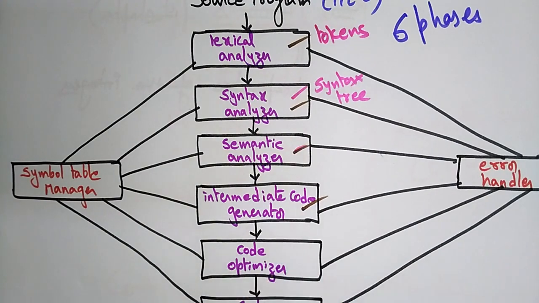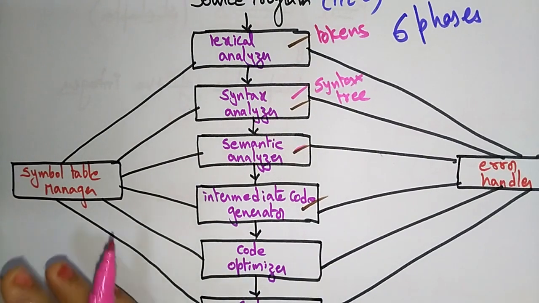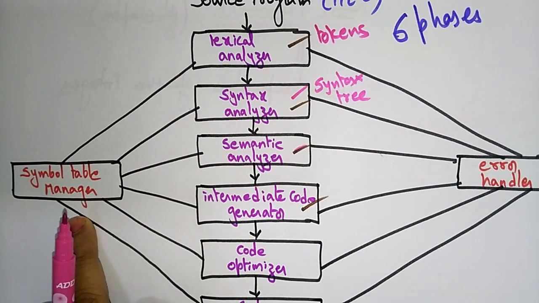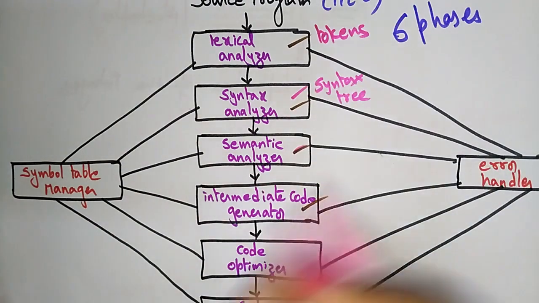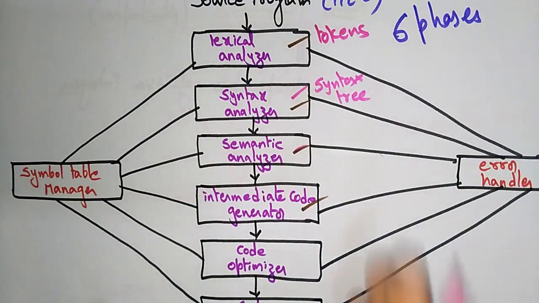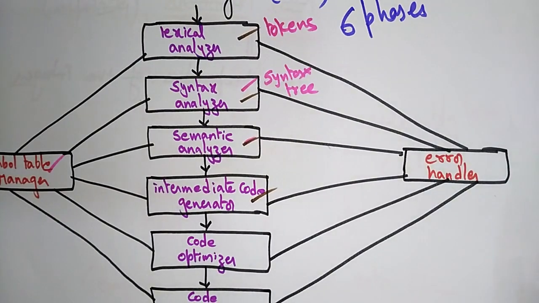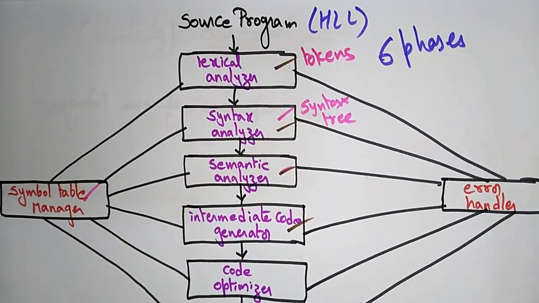All identifier names along with their types are stored here, and the symbol table makes it easier for the compiler to quickly search the identifier records and retrieve them. And the error handler is used to handle the errors. So these are the different phases that are present in the compilation process. Thank you.